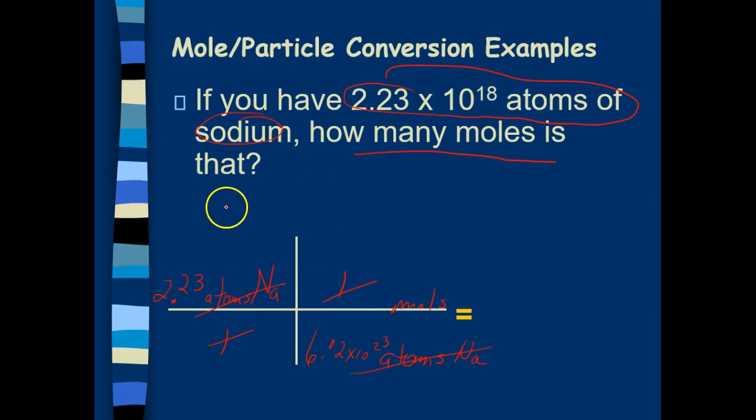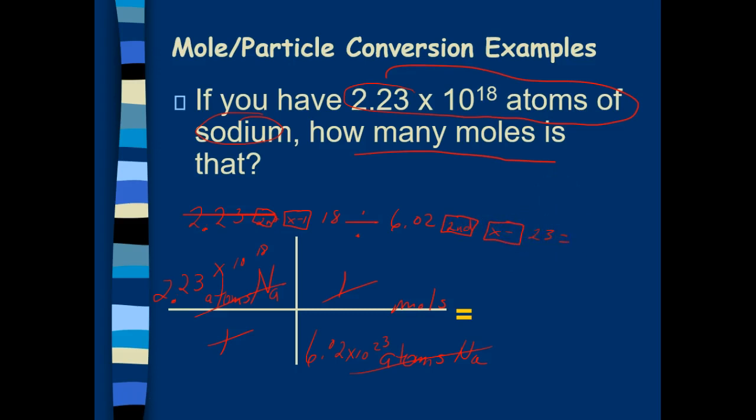When there's a number on top and a number on the bottom, you put this in your calculator. I forgot to put down times 10 to the 18. In your calculator, you put 2.23, hit your second button, your x minus 1 button, 18, divided by, because one's on top and one's on the bottom, 6.02, second button, x minus 1 button, 23, equals.